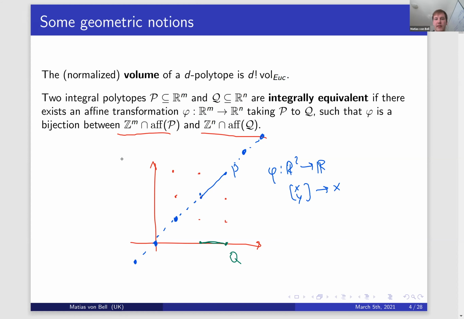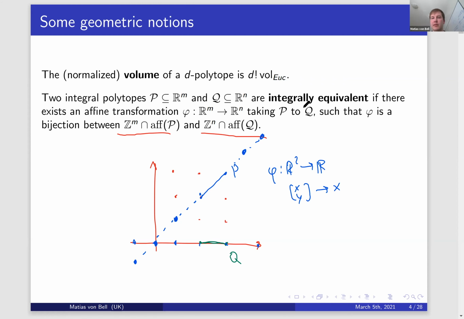We can see that under this projection, those lattice points go exactly to the integers on the x-axis. So even though these live in different dimensions, technically this one lives in just R and this one lives in R2, they are still equivalent.